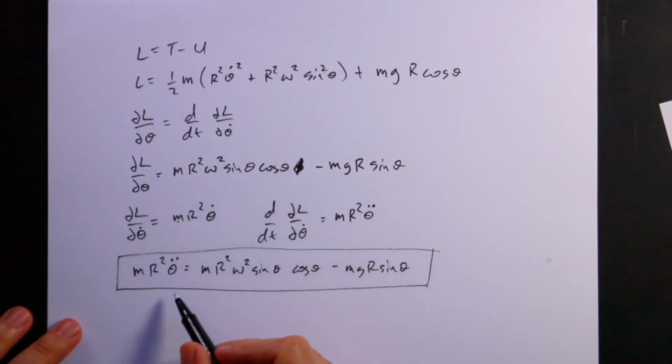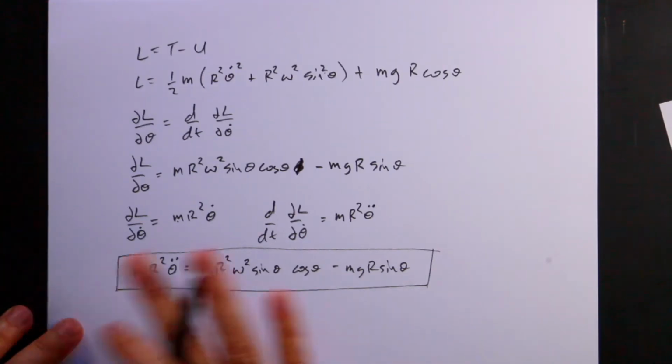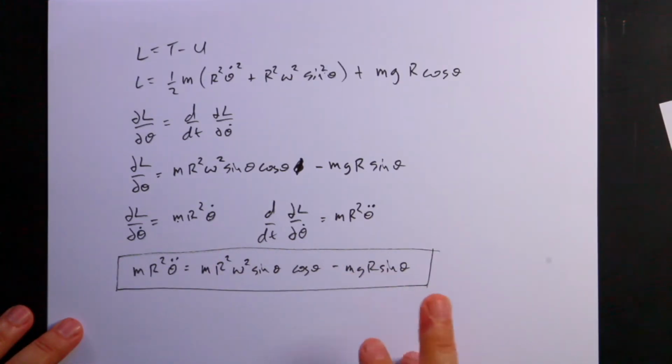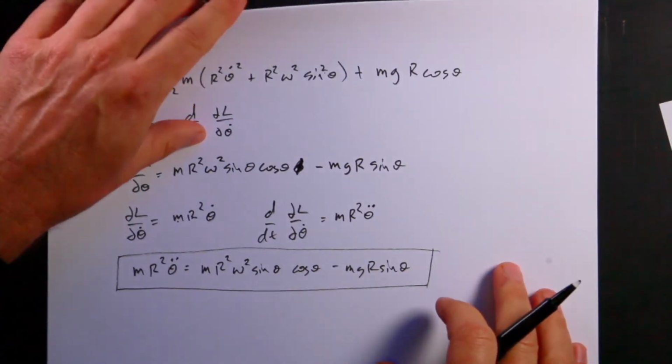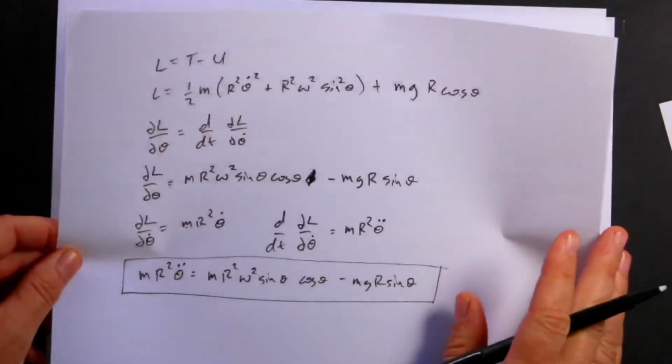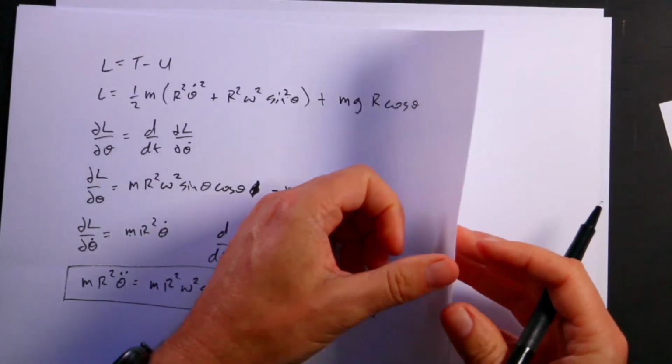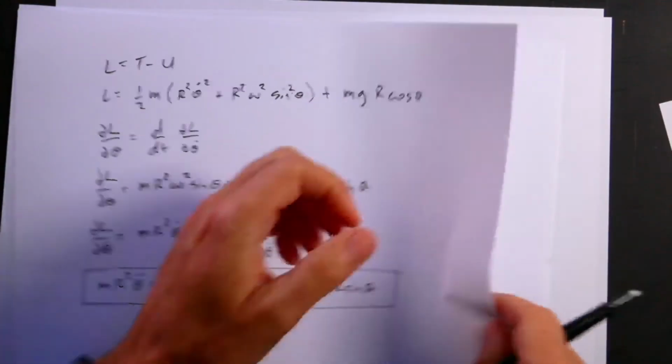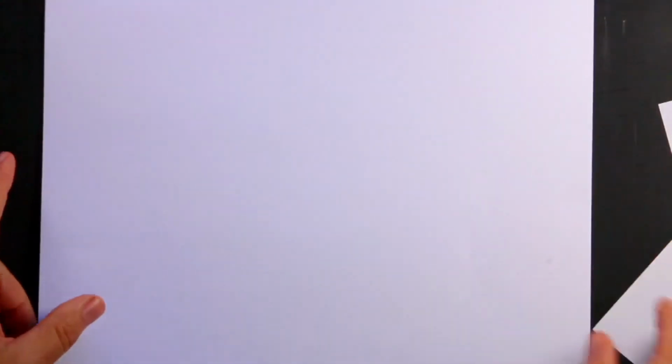Now, how do I solve the equation of motion? This is a complicated differential equation, so we're not going to solve it the normal way. We're going to do a numerical solution. So let's go to a new page, and let me write that equation down again. I gave this as a test question, and the answer was this equation.